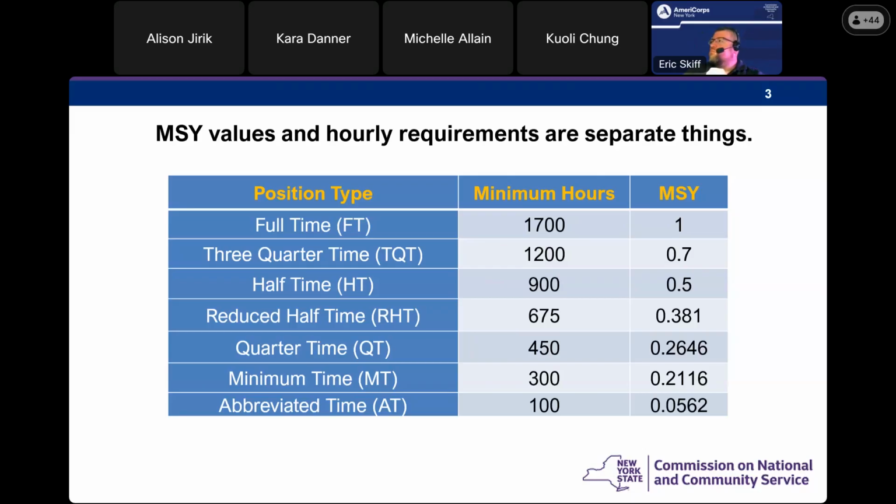So double check with us, just let us know quickly when you do a slot conversion. If you're not certain, can I do three quarter times into one full time? The quick answer is yes, but we can go a little more in depth about it when you want to actually request slot conversions.